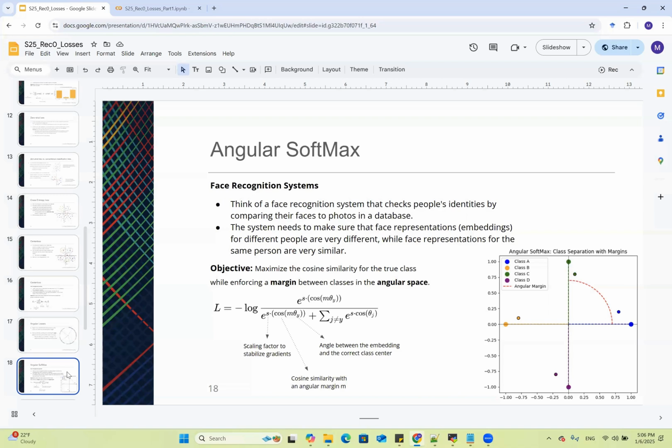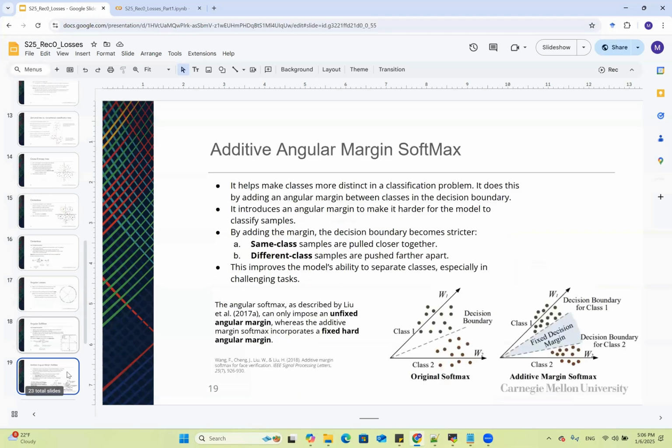The second type of angular losses is the additive angular margin softmax. This one helps make classes more distinct in a classification problem. It does this by adding an angular margin between classes in the decision boundary. So it introduces an angular margin to make it harder for the model to classify the samples.